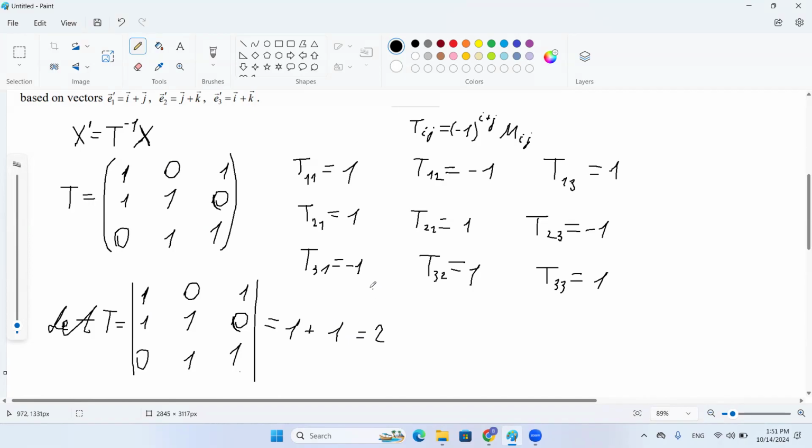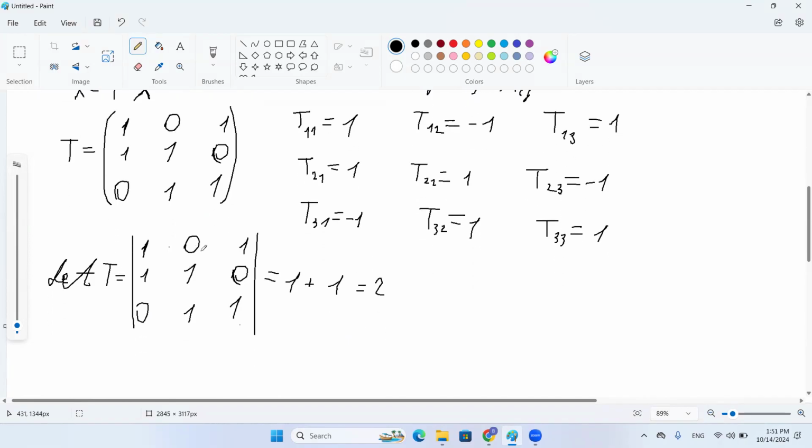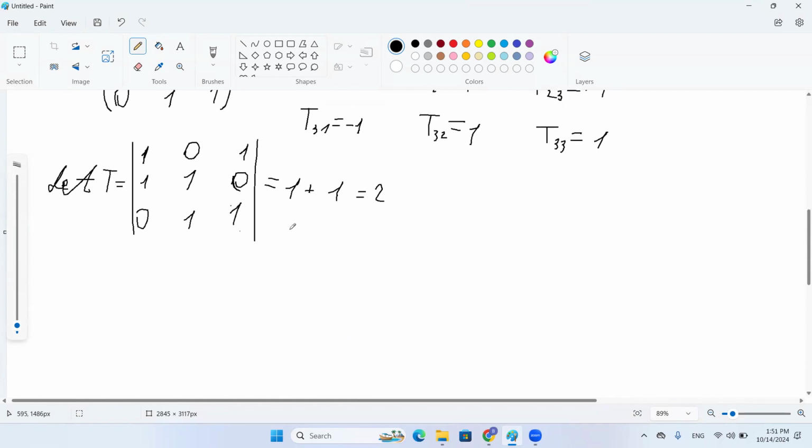So the determinant of T is 2. So everything is correct. And now let's build our matrix T inverted. Don't forget to transpose, of course.